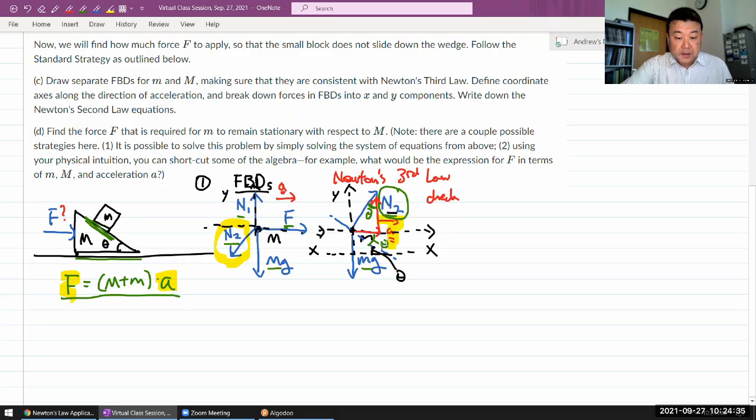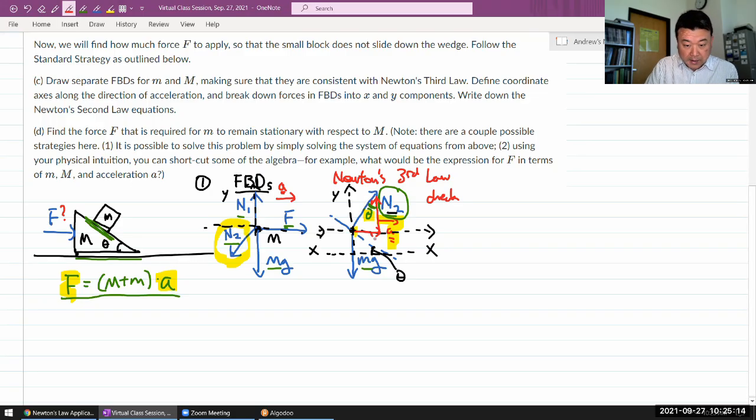Because people sometimes get into the habit of just associating x with the cosine and y with the sine, and maybe it works out that way 50% of the time. So I decomposed my forces and I identified this angle theta. And I might as well do the step of writing down the expression for the magnitudes of these components now.